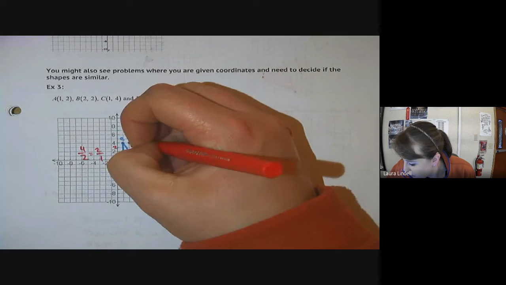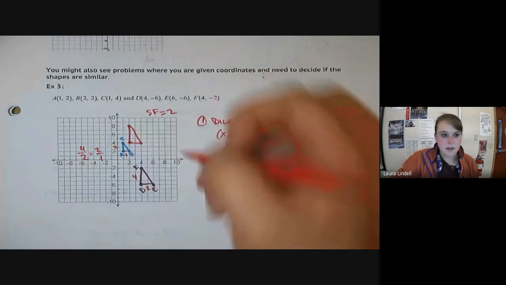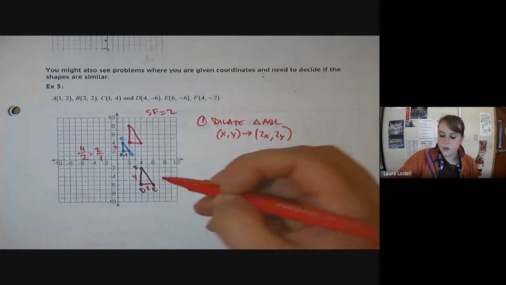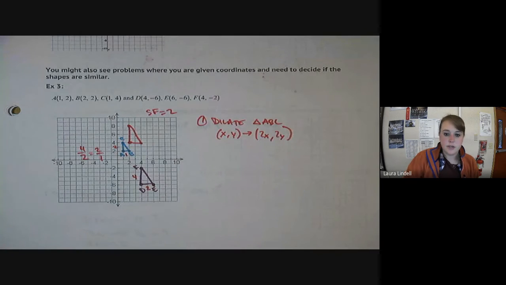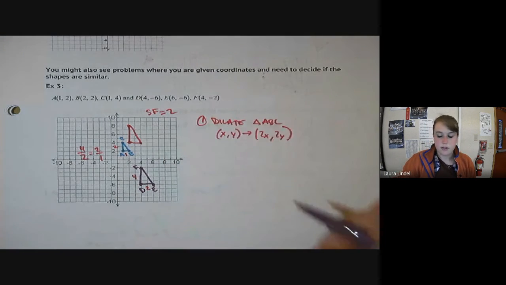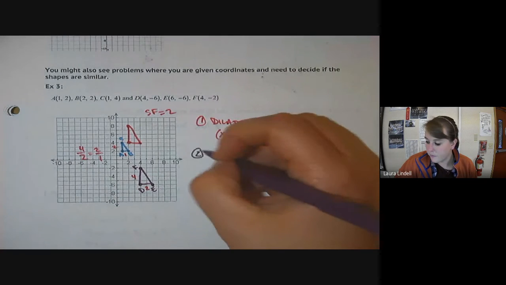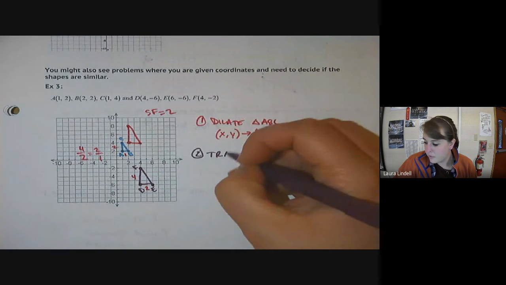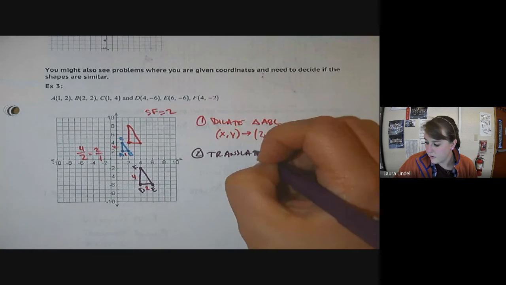All right. So now this looks like it would be the same size as DEF. And now all I have to do is translate it into position. Sometimes you'll end up having to reflect it or rotate it into position, but since these are oriented the same way, we can just translate to get it where we want it to go. So next step, translate.